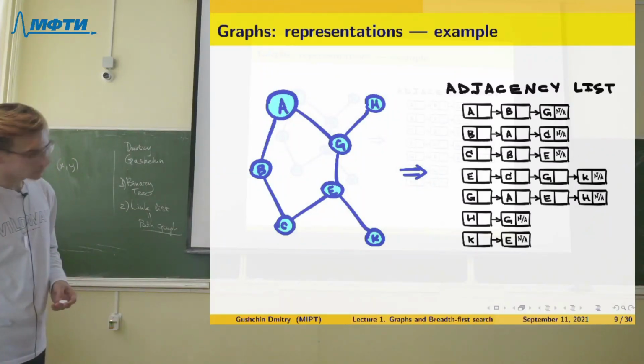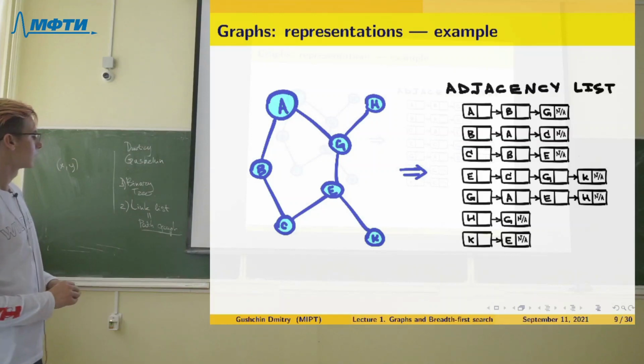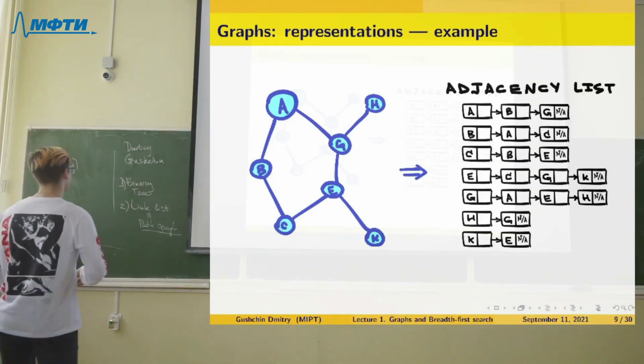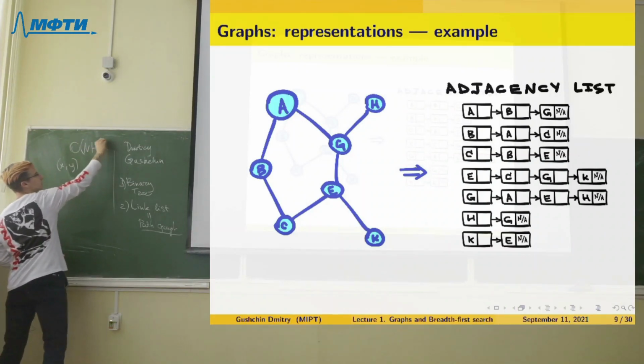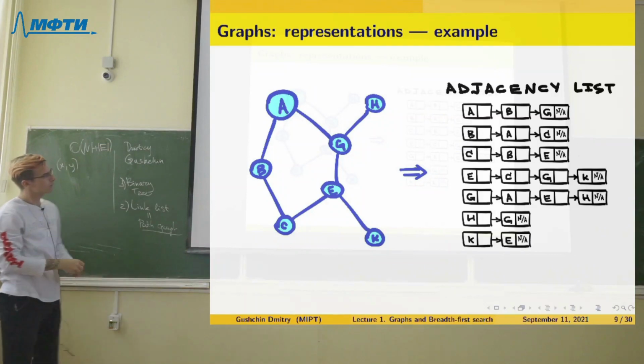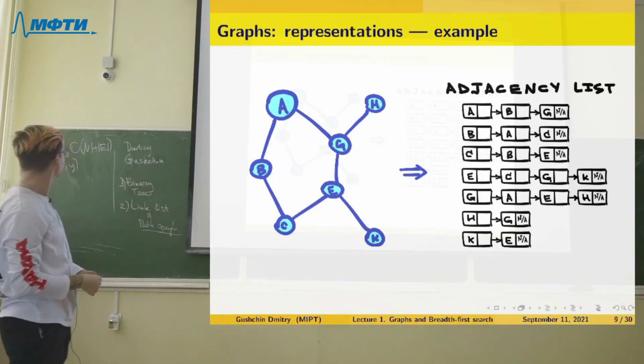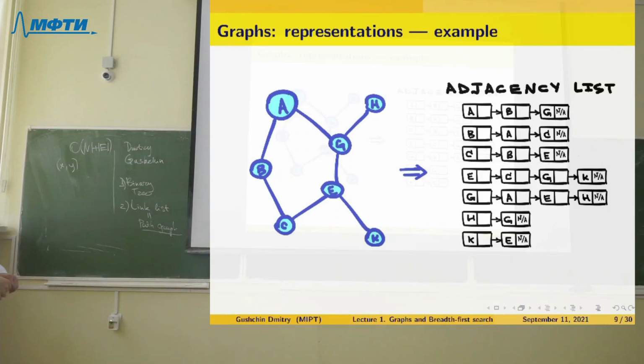The space complexity is O of number of vertices plus number of edges.